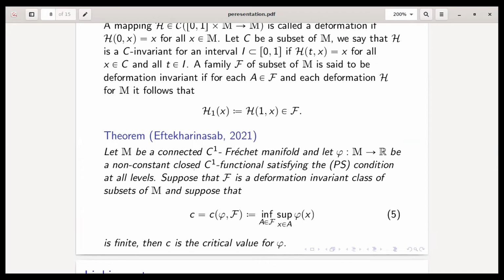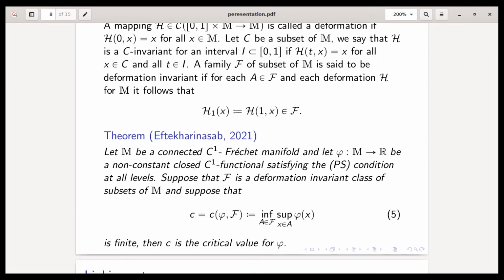In practice it may be difficult to check that the functional is closed, so it is a bit restrictive. However, unfortunately, it cannot be weakened. This is an essential assumption to prove this theorem.